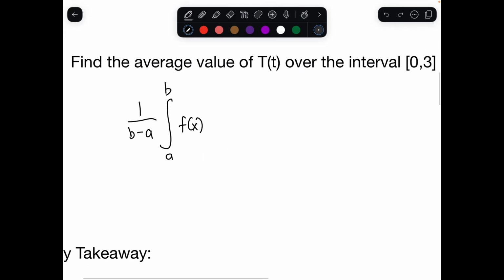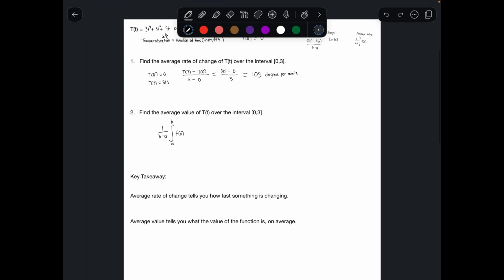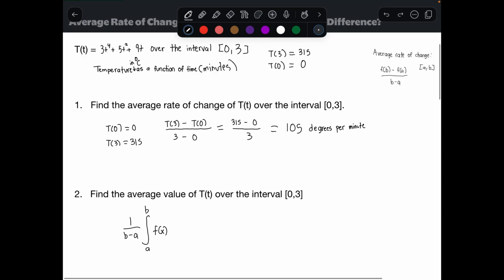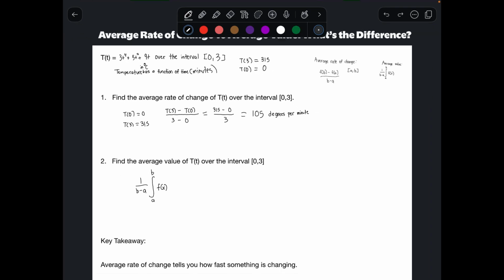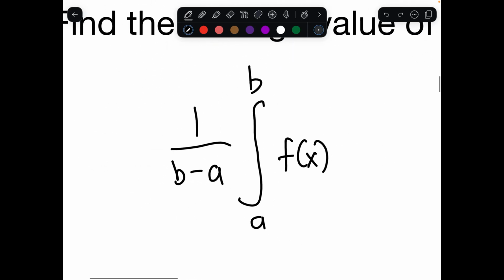If you were to take the integral from a to b of T of t, you would basically get the antiderivative of T of t, which you could think of as the area underneath the curve T of t, and then you would be dividing that by the total width.